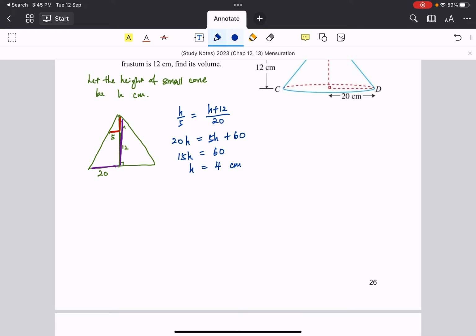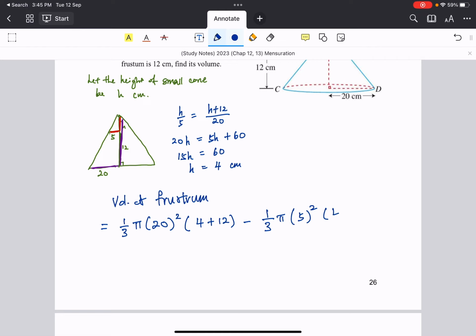We want to find the volume of the frustum, which is equal to the volume of the larger cone, which will be 1/3 pi 20 squared, which is the radius, times the height. The height is actually 4 plus 12. Minus away 1/3 pi, this time round the smaller cone, the radius is 5 units, so 5 squared, and the height is 4.